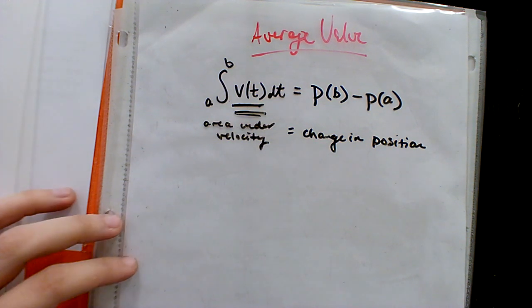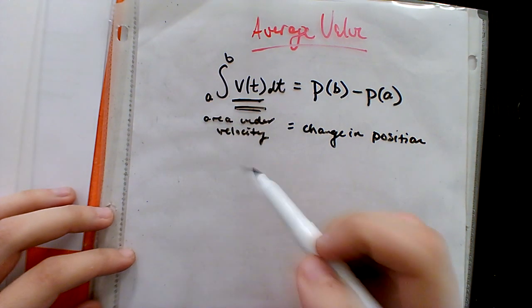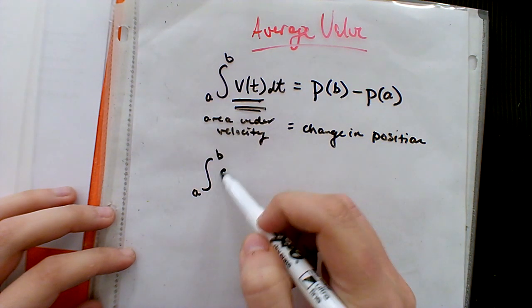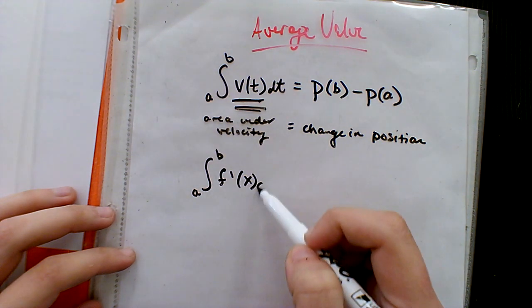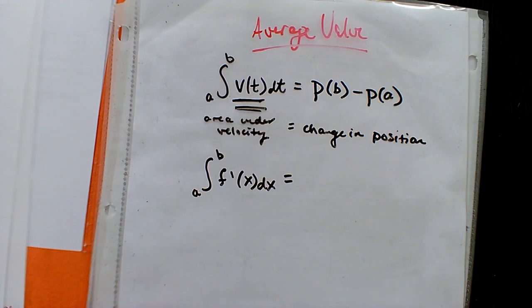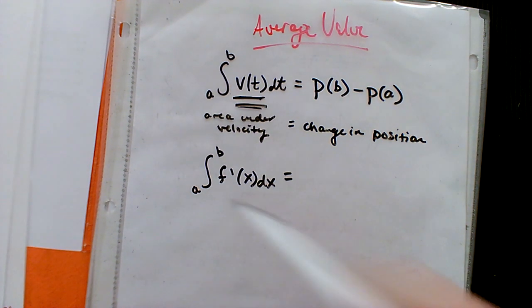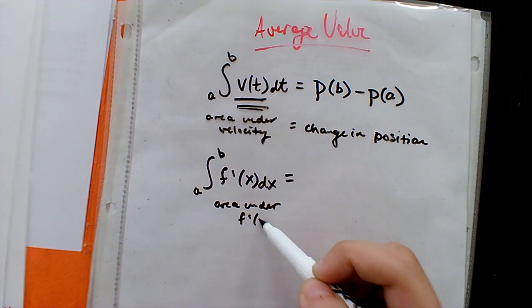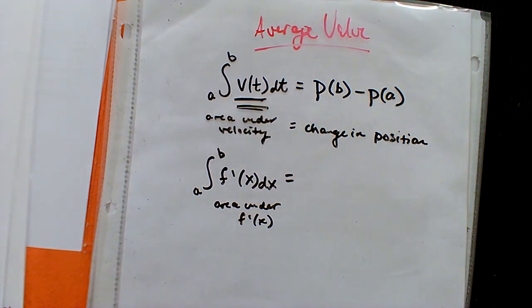But we can relate this to any function. For instance, if I did the integral from a to b of f prime of x, so I would say the area under f prime is equal to what?